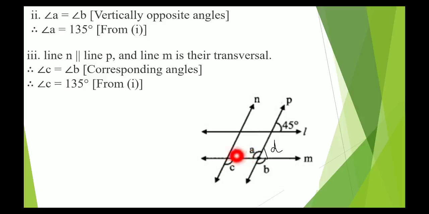Now lines L and N, and N and P are parallel, where M will be the transversal. So angle C and angle B will be the corresponding angles. Since we know that angle B is 135 degrees, angle C will be 135 degrees.